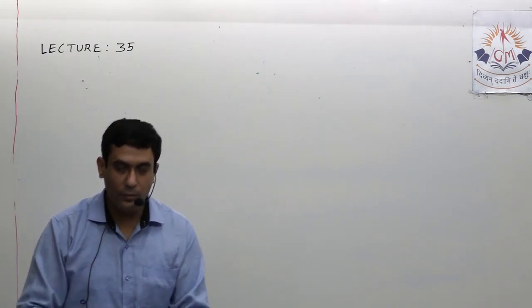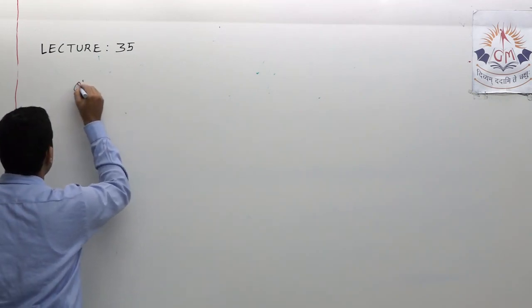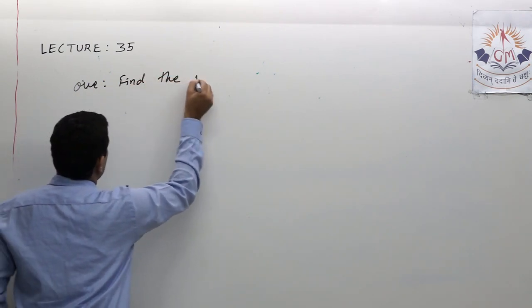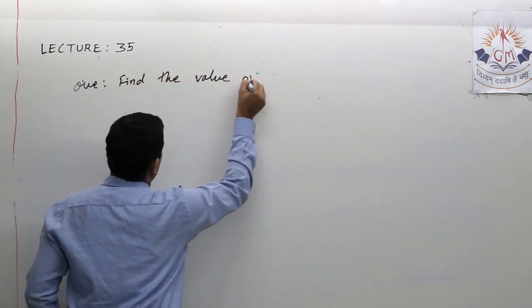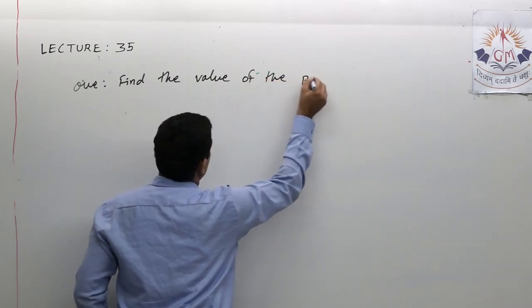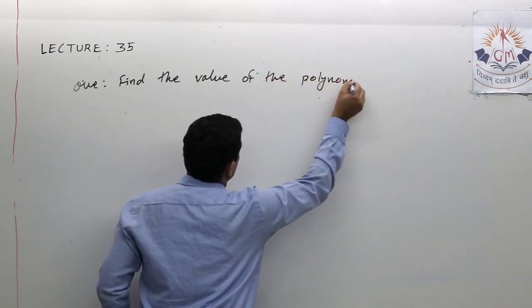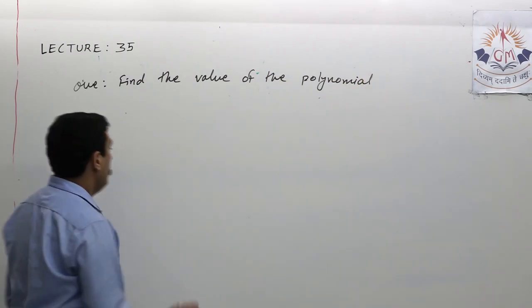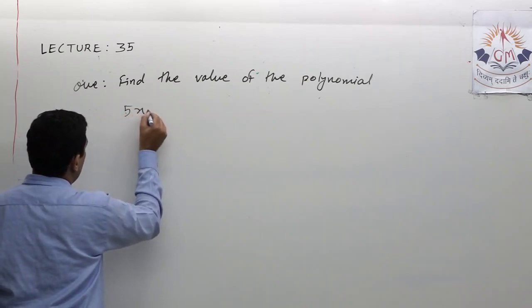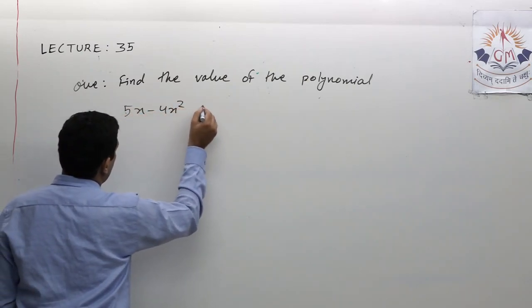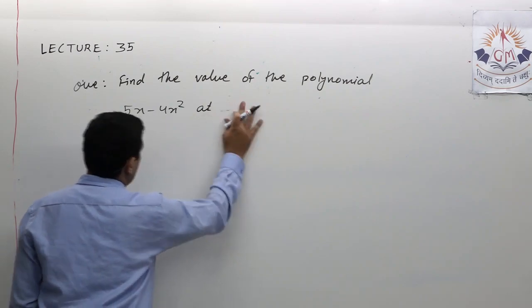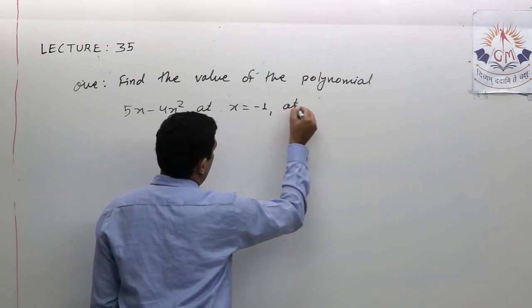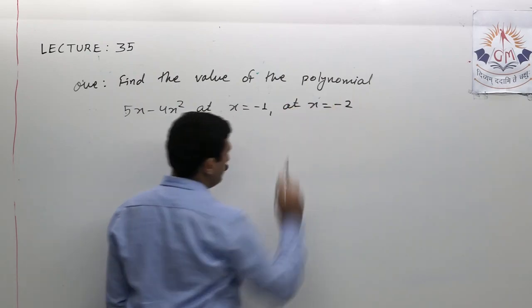Find the value of the polynomial 5x minus 4x square at x equal to minus 1 and at x equal to minus 2.